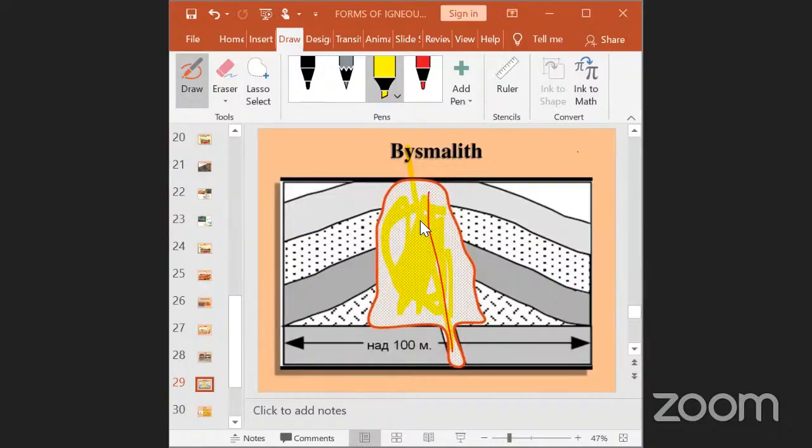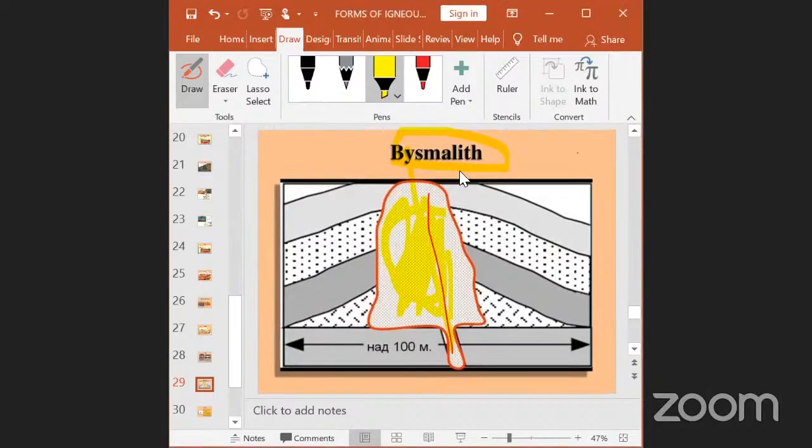During the formation of this bysmalith, since the overlying rocks are pushed up more or less vertically, they cannot bend unduly. But they rupture along the sides, and a number of faults occur around the bysmalith.